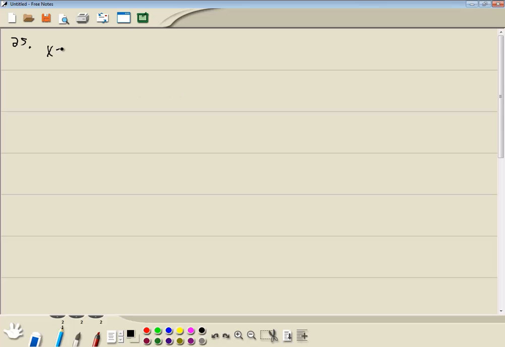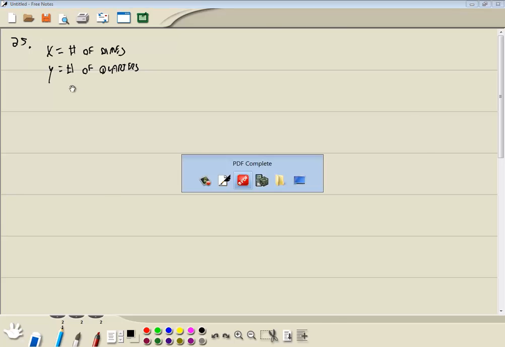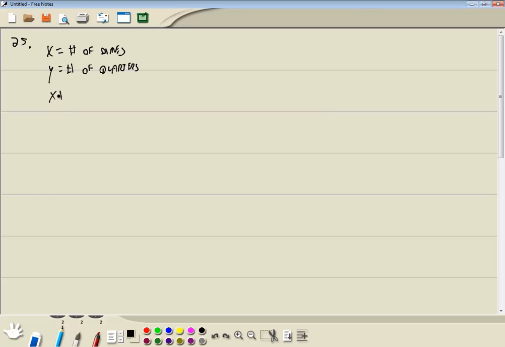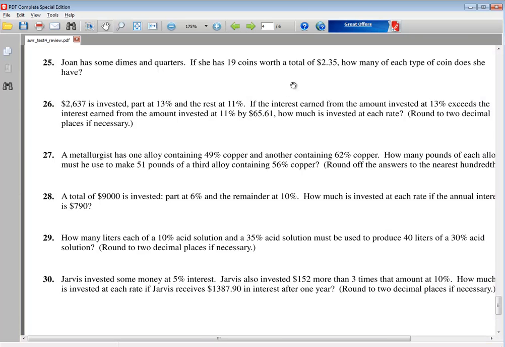So x is going to be the number of dimes, and y will be the number of quarters. In total, we have 19 coins, so x plus y is equal to 19. So that's our first equation.